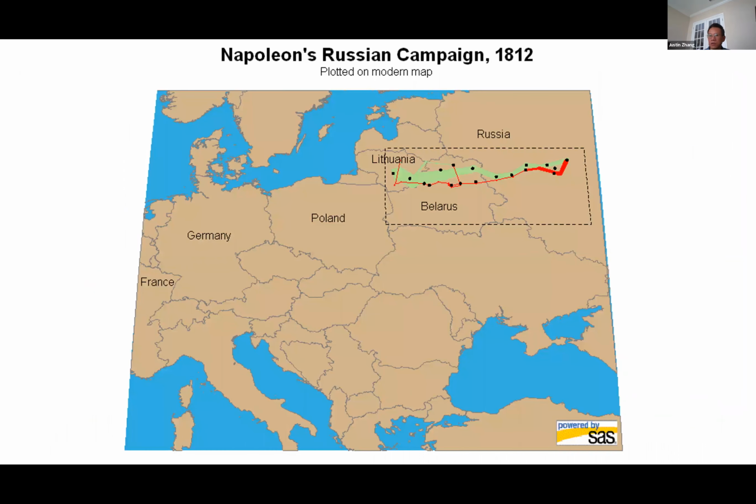In this chart, we can look at the distance scale on Minard's map. So you can see the overall distance traveled covers from Lithuania to Moscow, which is about 1,000 kilometers, which is about 600 miles.